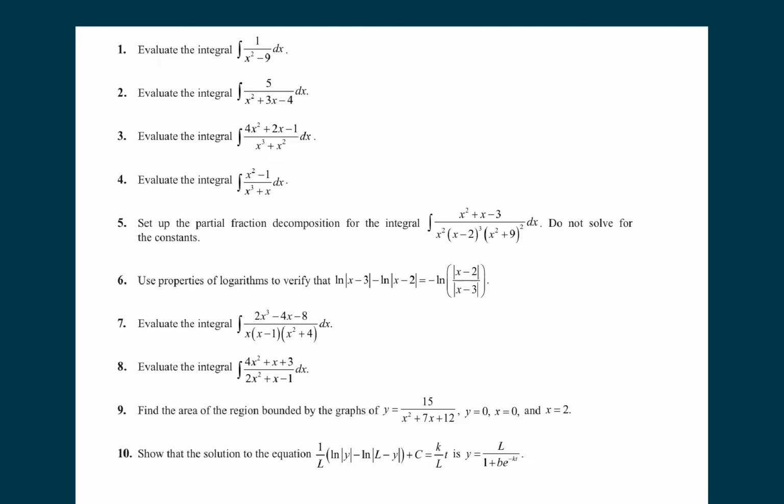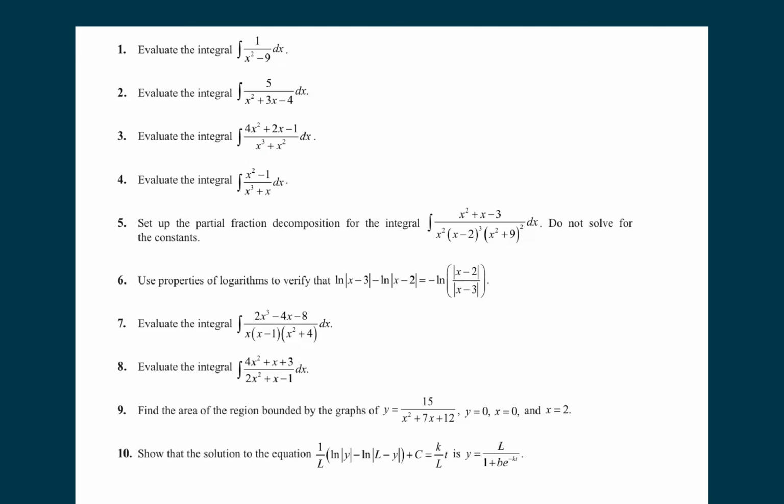All the integrals where we will use partial fractions are integrals where the degree of the polynomial in the numerator is smaller than the degree of the polynomial in the denominator.